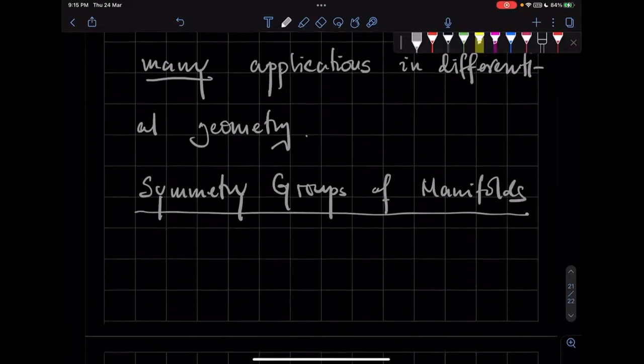Okay, so we have already explored what a manifold is.